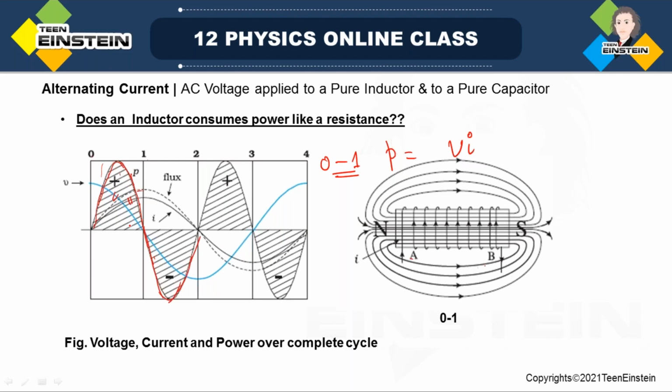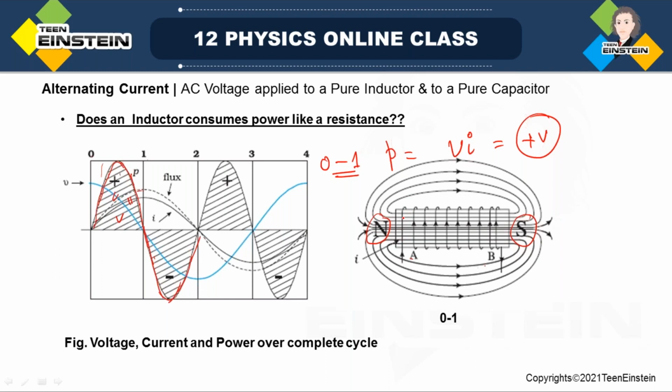This is the power for each and individual quarter. Look, this quarter power is positive. So power is positive in the first quarter. So current is flowing from A to B. You can see from the thumb rule, this is the north pole and the other one is south pole here.